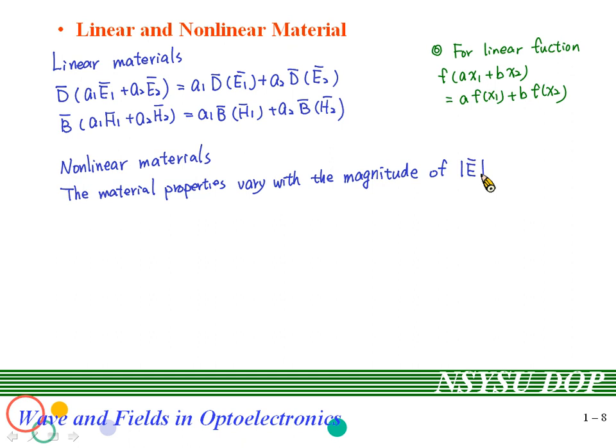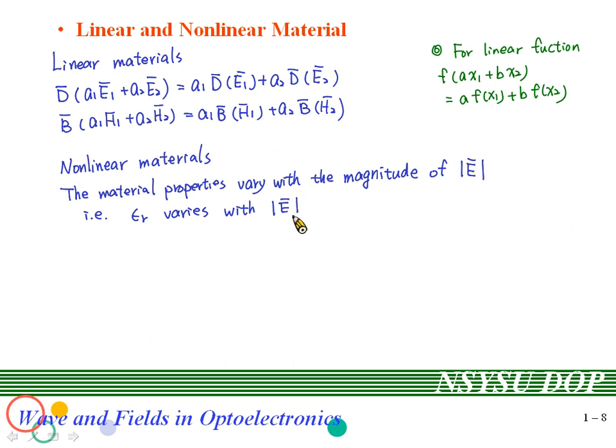This means that for a larger E field, you have one set of properties, but for a smaller E field, you will have different properties. This kind of material, we call nonlinear materials. This also means that epsilon r will vary with the absolute value of the E field.